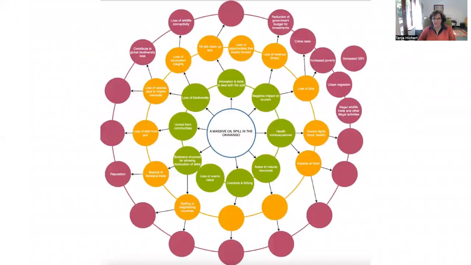So here's the example. This is online work, by the way, an online platform using this tool. I'll show what the tool looks like in a real life example in the slide after this. Here we are imagining that a massive oil spill has happened in the Okavango Delta in Botswana.